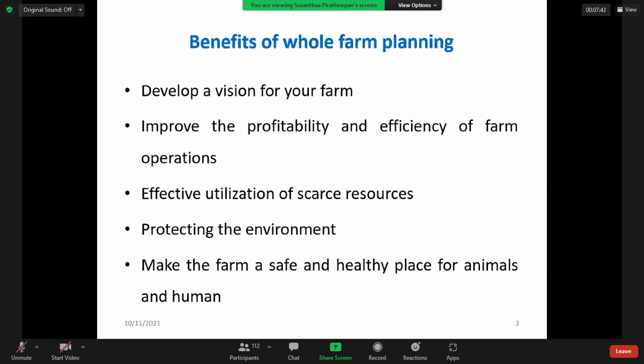And the fifth one is to make the farm a safe and healthy place for the animals and humans. You may have heard that there are some diseases which can transfer from animals to humans. Those are called zoonotic diseases. To avoid those parasite issues or bacterial and viral infections, we should maintain a healthy and safe farm for the animals and also the humans.